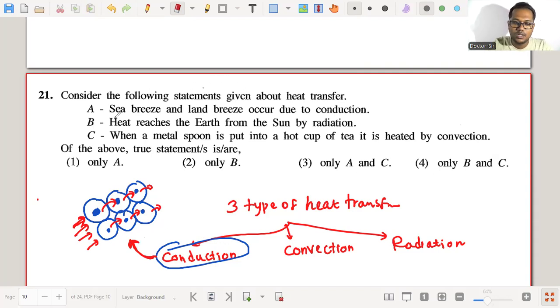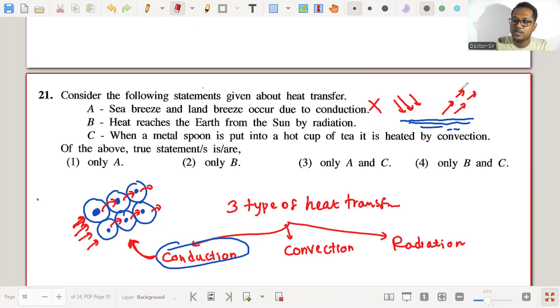So, first, sea breeze and land breeze occur due to conduction. No, that is not conduction. That is a different entity. When heat is available here, the air becomes heated, and heated air will go up, and cooled air comes down.